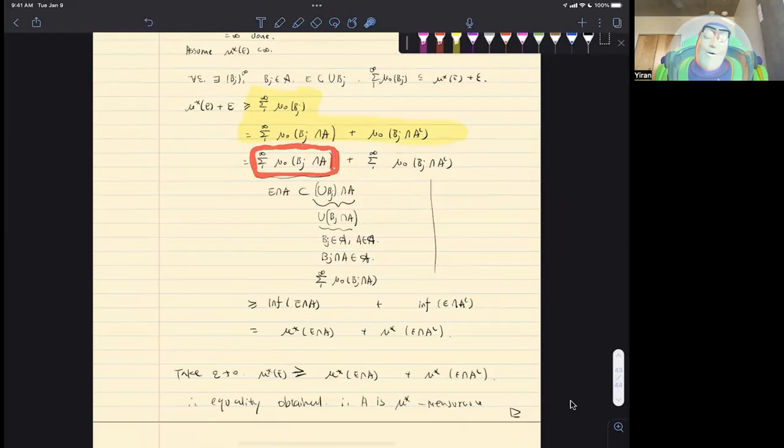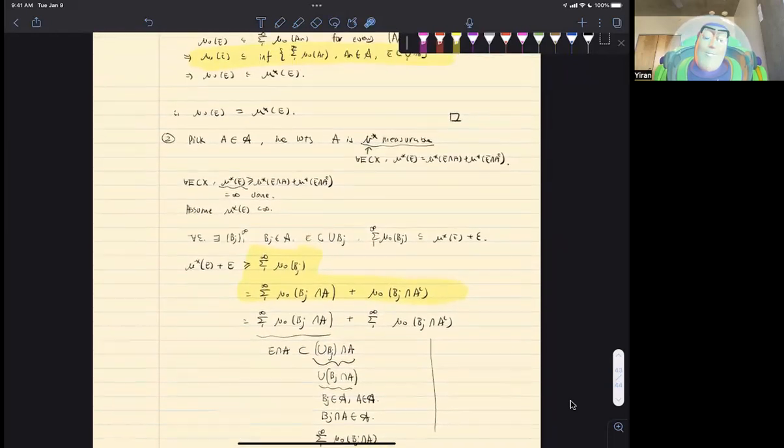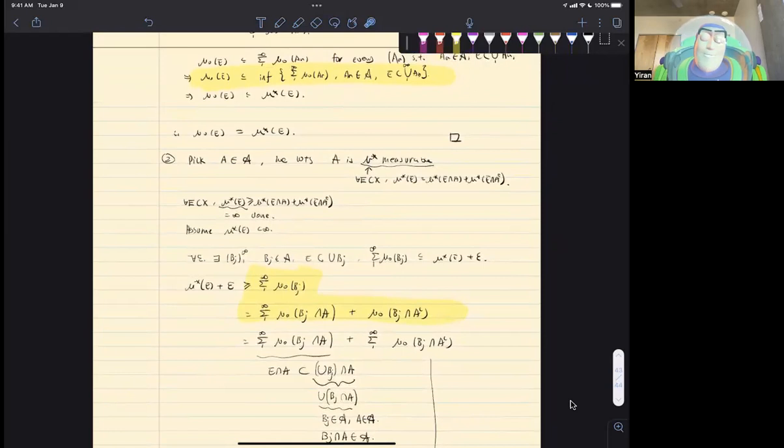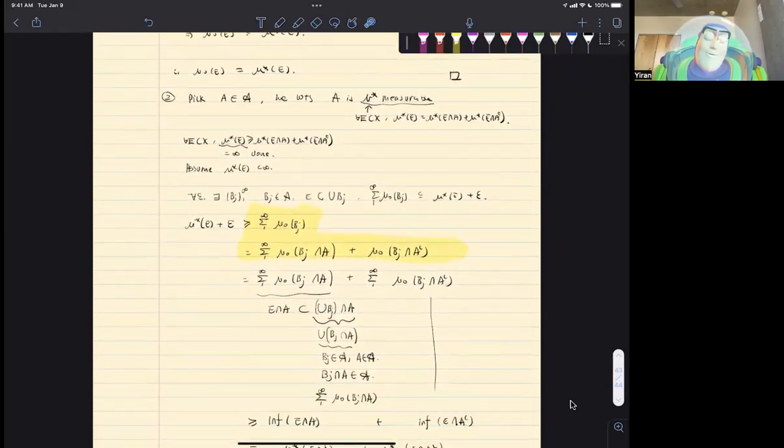The union intersect A. Because we know that this term is in the algebra, because A is in the algebra, right? But A is not technically inside of B_j. So I cannot really use the countable additivity of the premeasure, because I'm not sure whether or not this is inside of that.